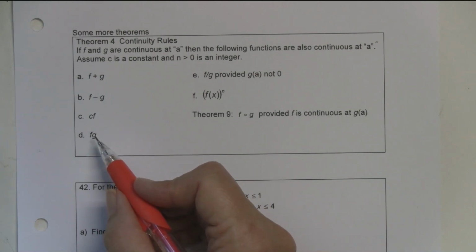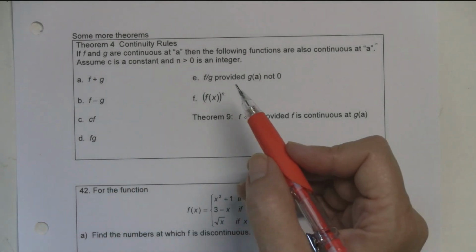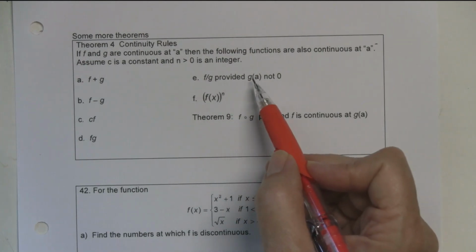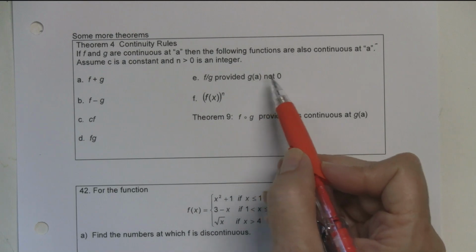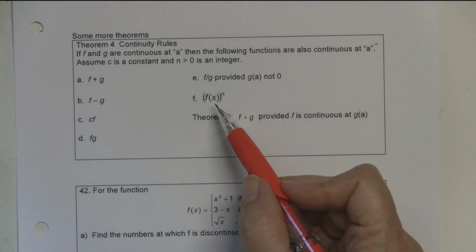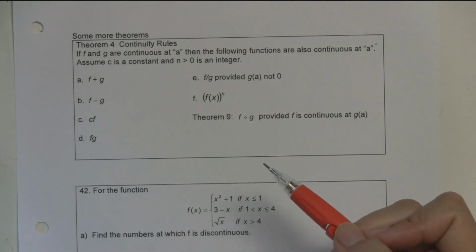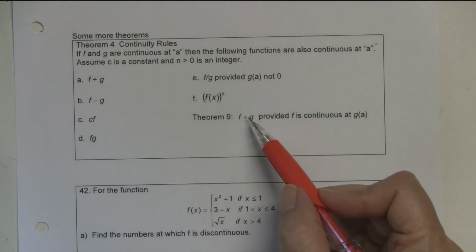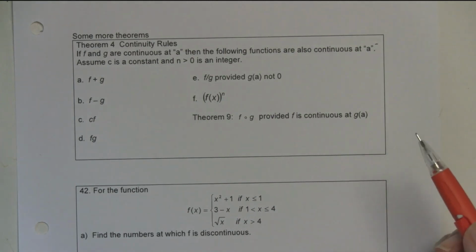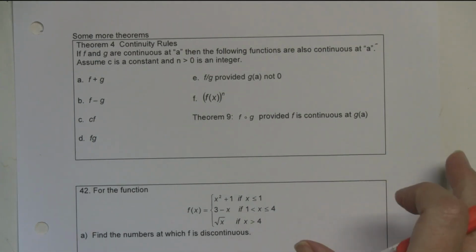And if you multiply them together, you'll get another function that's continuous at a. If you divide them, provided that the denominator at a is not 0, then you'll get another continuous function. You can also raise to a power, and you'll get another continuous function. And you can also compose them. And provided that f is continuous at g of a, you'll get another continuous function.